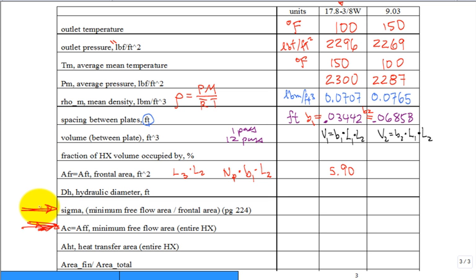So you can just get that equation off of 224, calculate sigma, then multiply sigma times the frontal area that we just calculated, and you'll get the minimum free flow area. So let me give you the equation for sigma: the minimum free flow area divided by the frontal area. I'm sorry, it's not sigma, it's alpha.